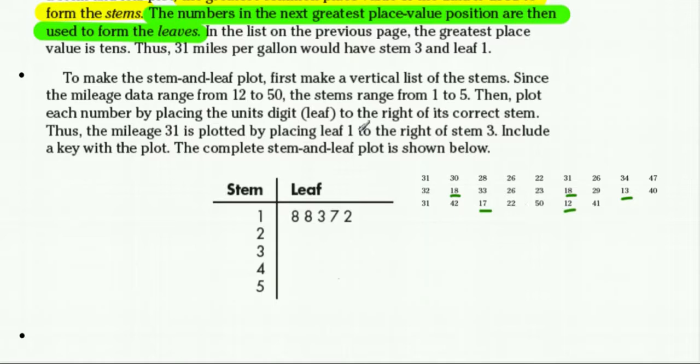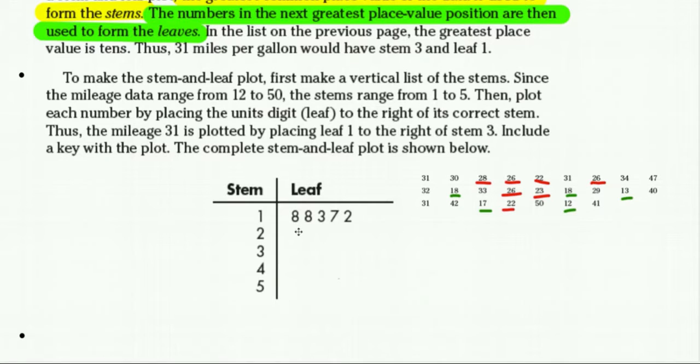And for the leaves of stem 2, the leaves of stem 2 are as follows: 28, 26, so you have 8, 6, 6, another 6, another 3, oh, we forgot 22, and another 22 right there, and those will be my leaves.